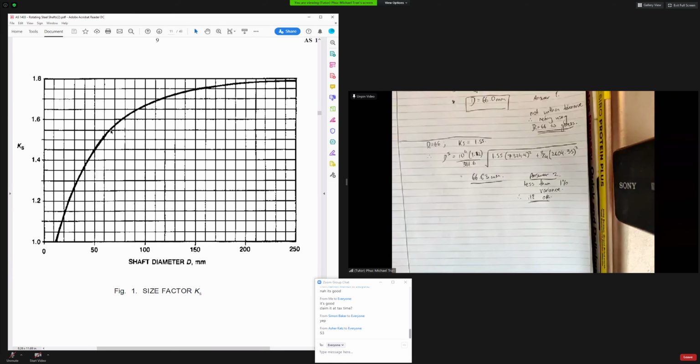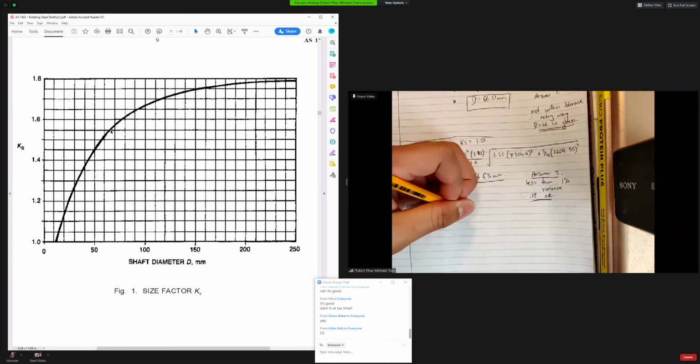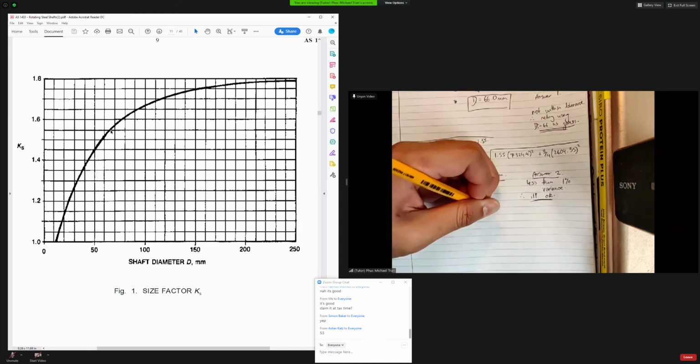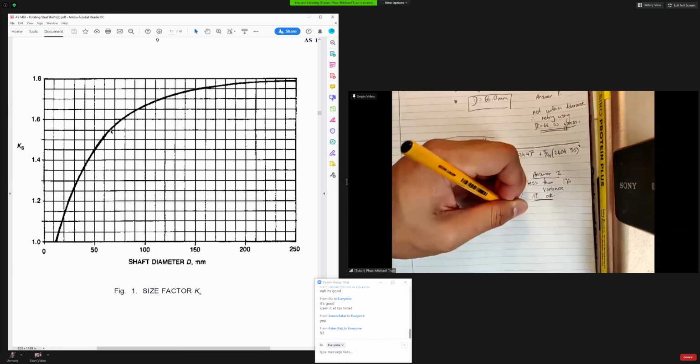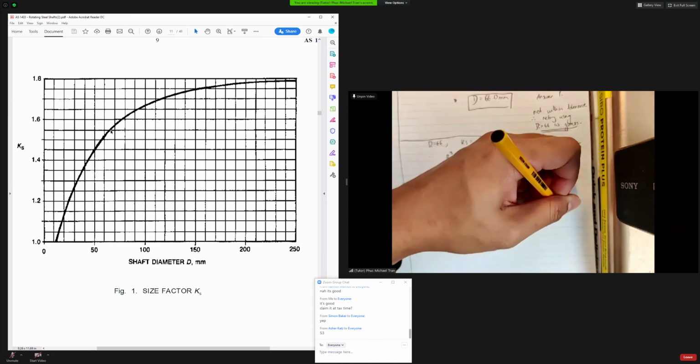Cool. So that's how you find the minimum diameter if you have that much bending moment, forces, and that's your material too. So therefore, min diameter at gear is 66.63.